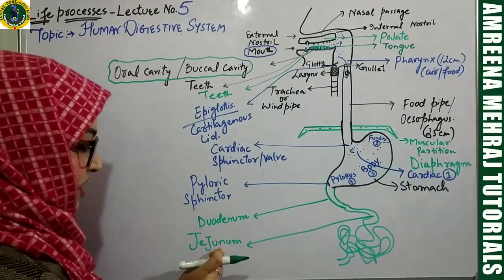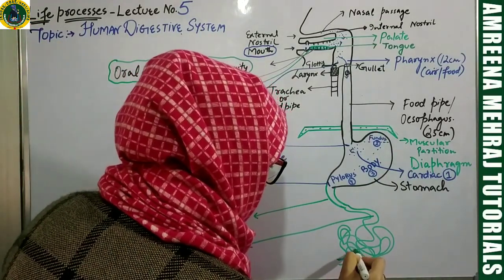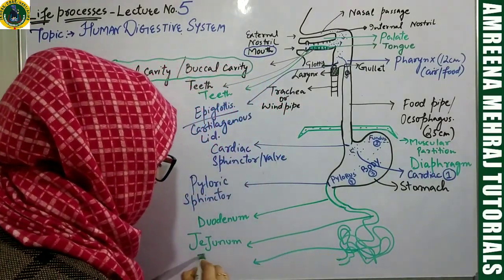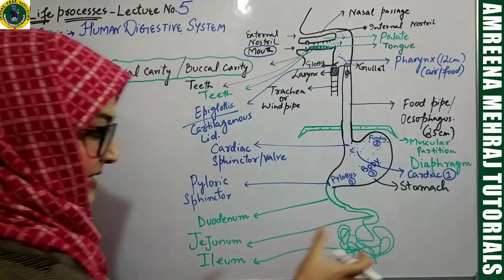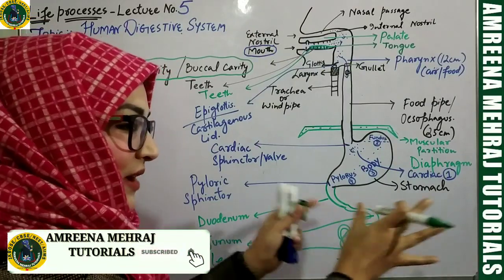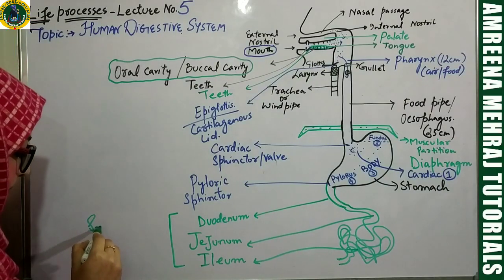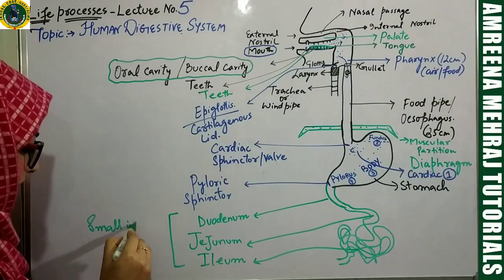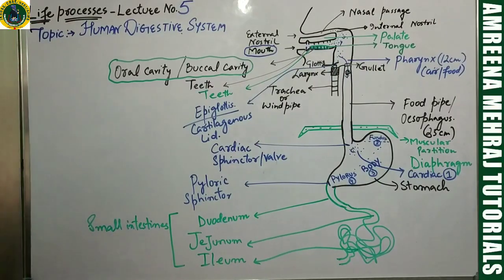The slightly larger part is jejunum. The largest part is this highly coiled part which is called the ileum. This is highly coiled. You will not be finding it in a loose form. You will find it in a coiled form. These three together make up your small intestines. That's very, very important.